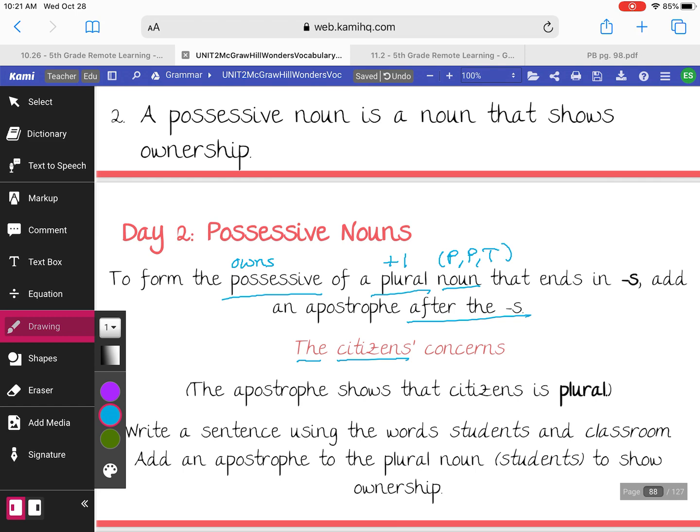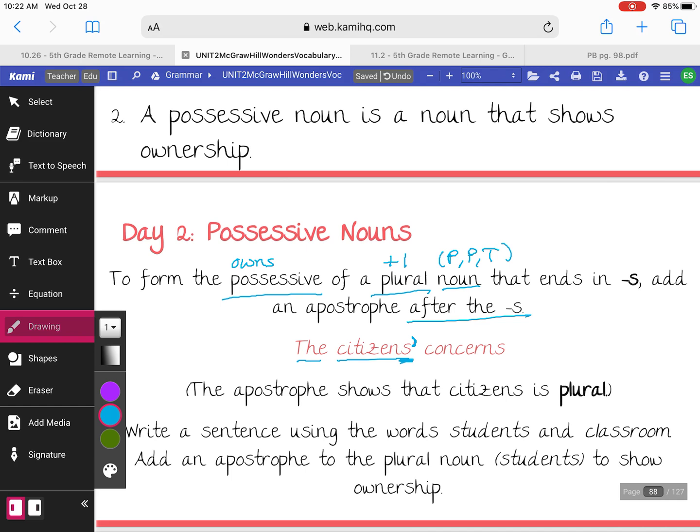So instead of apostrophe S, which would show one person's concern, if the S is already showing us that there's more than one, then we put the apostrophe on the outside. That shows us that there's more than one citizen who has concerns.